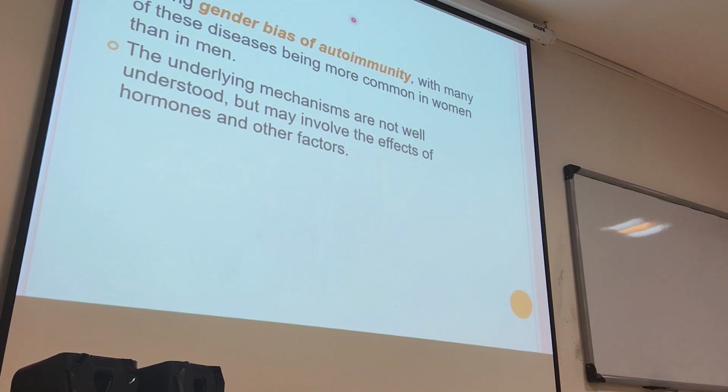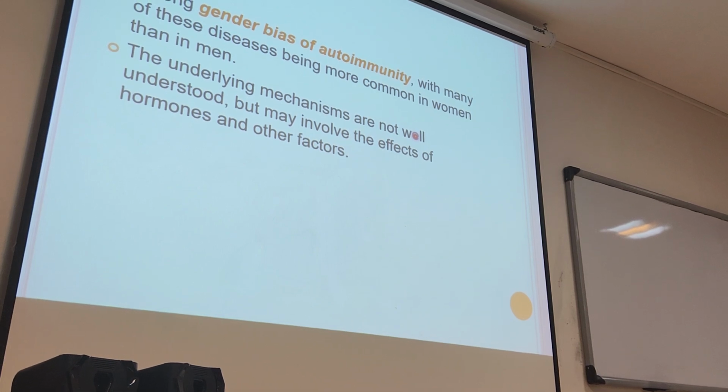But in Robbins it is said that the underlying mechanisms are not well understood, but it may be the effect of hormones or other factors. It may have something to do with genes located on the X chromosome, or hormones, but all of them are theoretical.